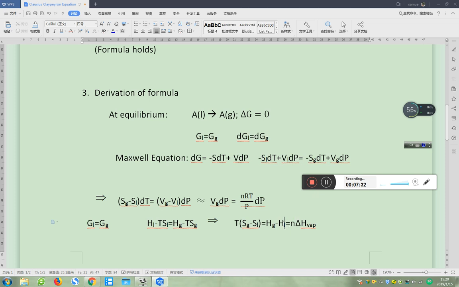This is equal to n, the number of moles, multiplied by the heat of vaporization, whose unit is joule per mole.